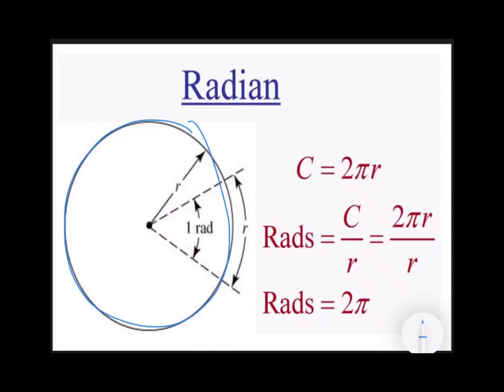If this is the total area of the isotropic radiator, then this is the radiation per angle and the radius is R. Then the circumference is expressed as C is equal to 2 pi R, and the angle in radians is equal to C by R, which is 2 pi R divided by R. So the total is equal to 2 pi radians.